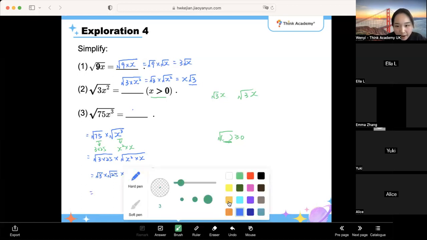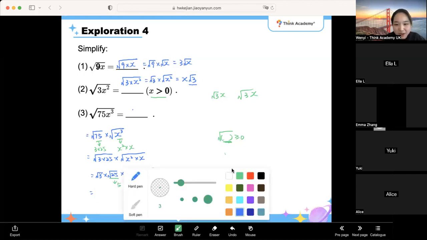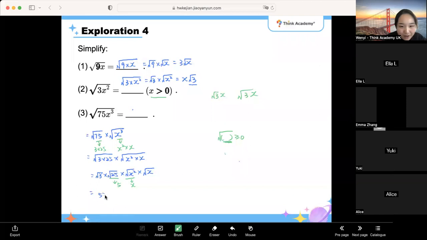Then root 25 is 5, and this root x squared is just x. Then our final answer should be 5x times root 3x. We always combine these two smaller third into a bigger third. All right. Okay, excellent job. Any questions?